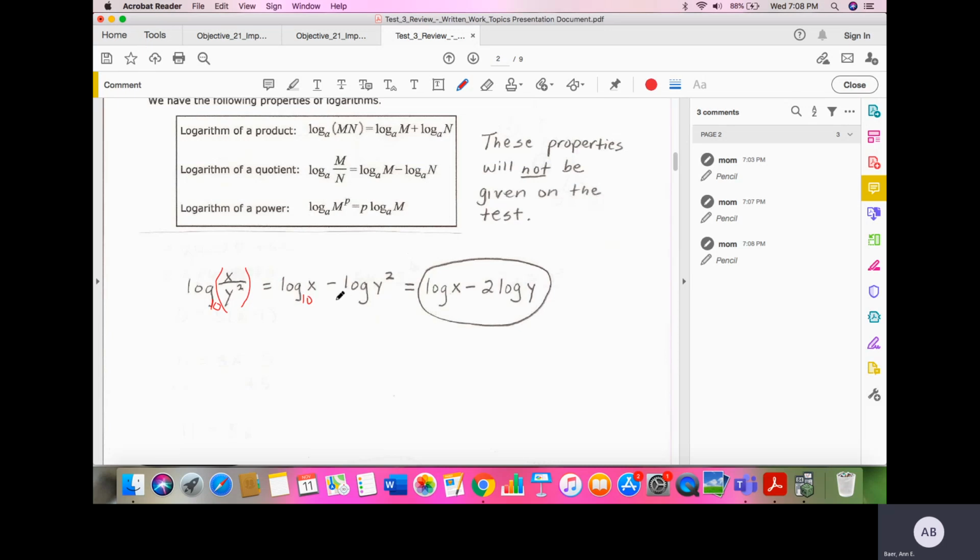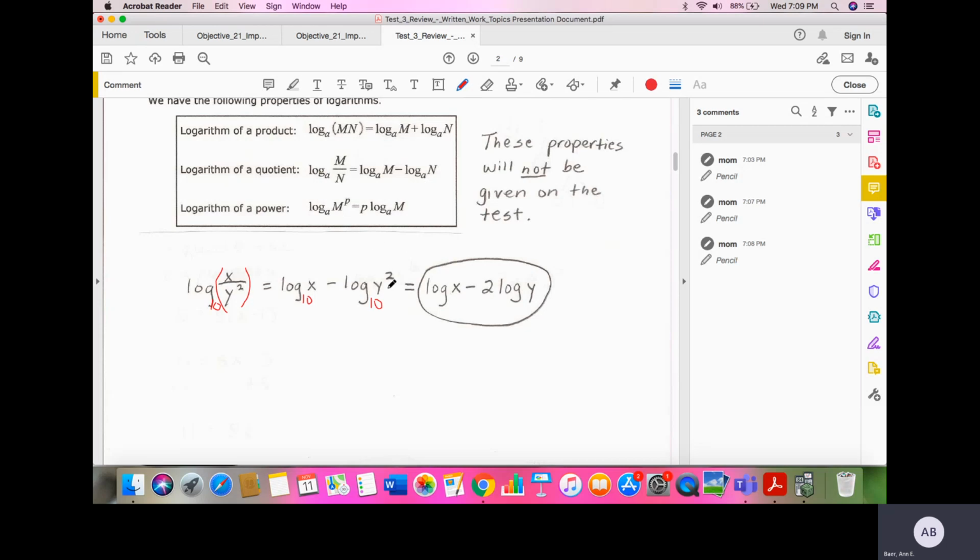So it's log base 10 of x, in other words, log base 10 of the numerator minus log base 10 of the denominator, which is y squared, log base 10 of y squared. Now we're not done yet. We're not done until we make sure we've used all the rules that we can here.